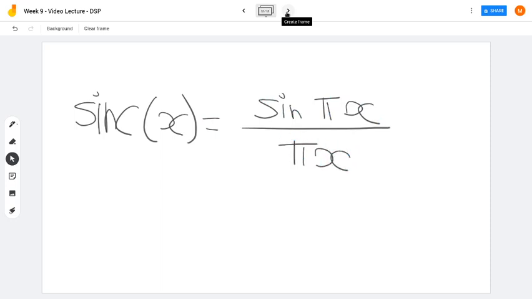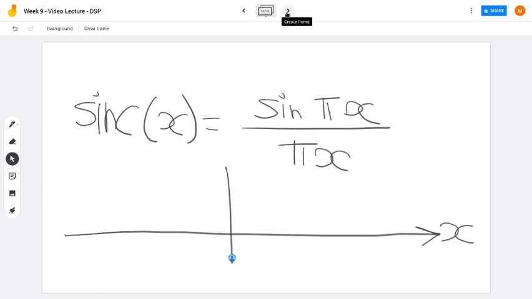And if we try to plot this function, and here x is a continuous variable, just to make things easier, it's basically a sine wave that's oscillating, but now it's divided by x, the variable. So as the value of x increases, the sine wave starts to decay. So the sinc function is kind of an oscillating function, decaying as the value of x increases.